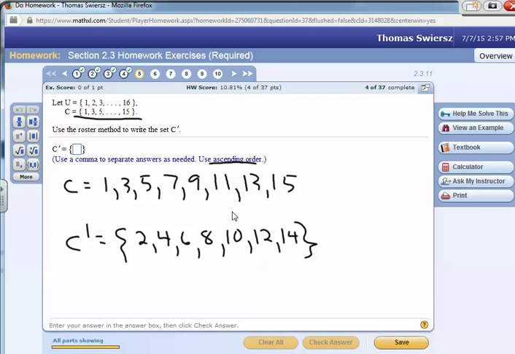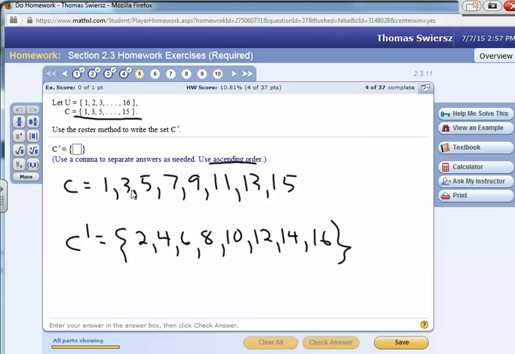Taking away the odd numbers, we're left with the even numbers up to... oh, sorry, my mistake. We went up to 16, right? So actually here we have to also include 16. We're taking away 15, but we still have 16, so be careful.